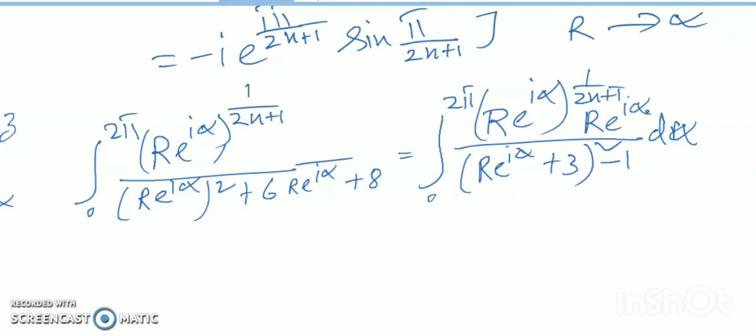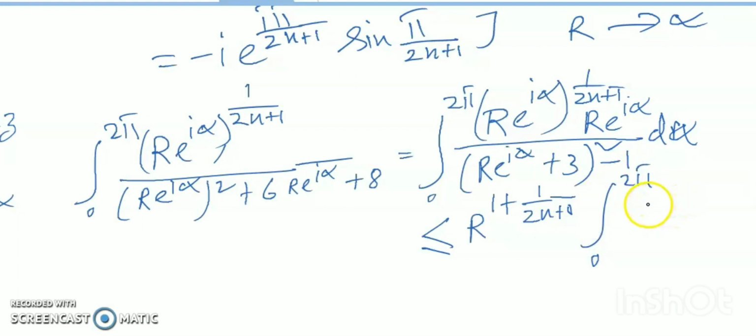After calculating the total work, we have very simply that this value is less than or equal to r into 1 plus 1 by 2n plus 1, and 0 to 2 pi, and 1 by r square plus 6r plus 8, into d alpha.